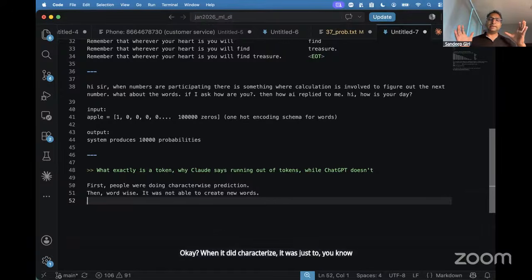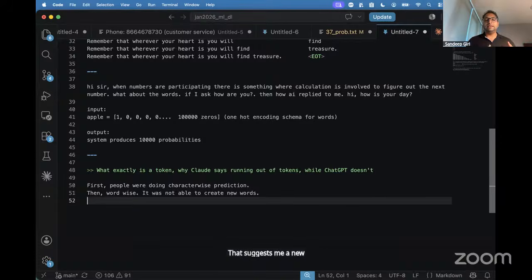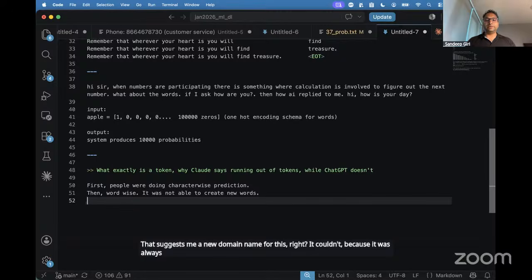When we did word-wise, we couldn't ask the LLM to come up with a new word, like suggest a new domain name for this. It couldn't, because it was always producing existing words.